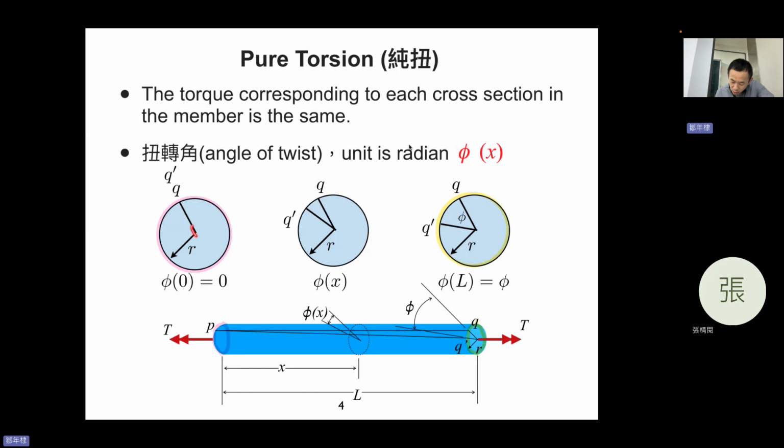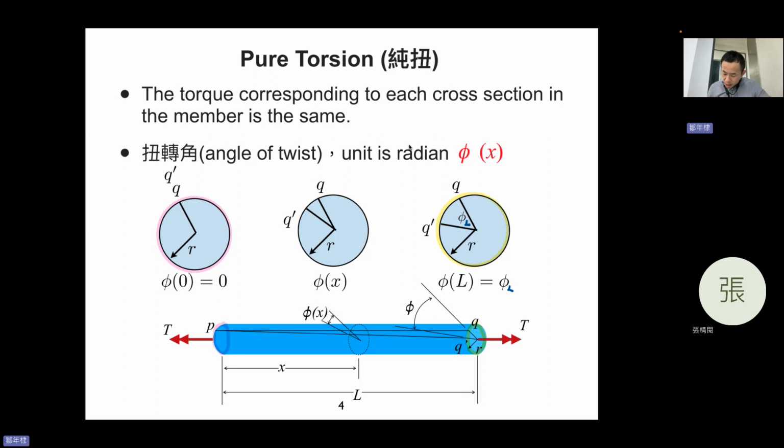So your 0 and the phi, and you should say phi of L, okay? The angle of twist at the distance of L.